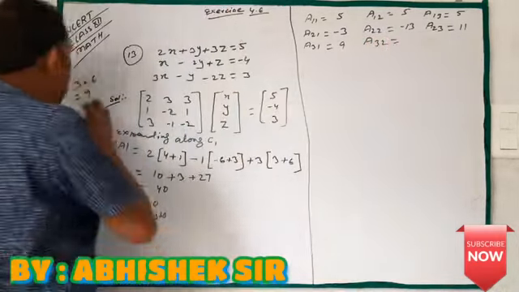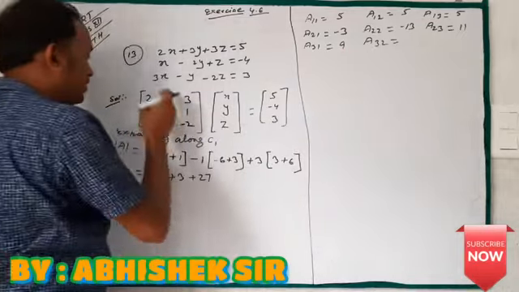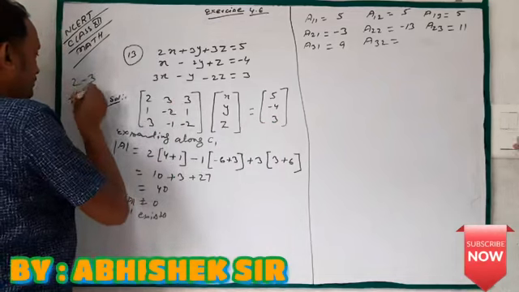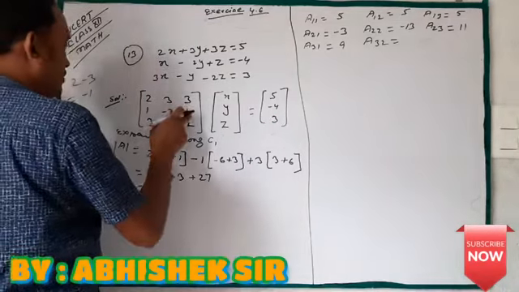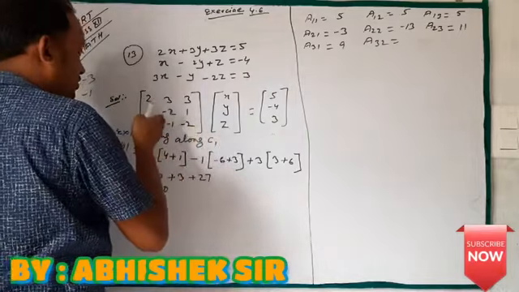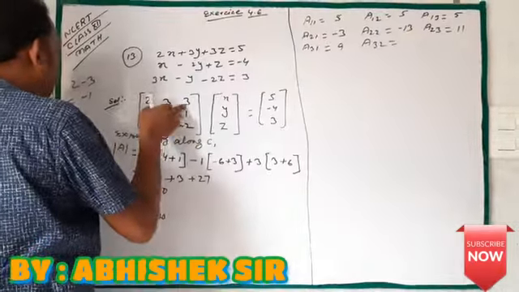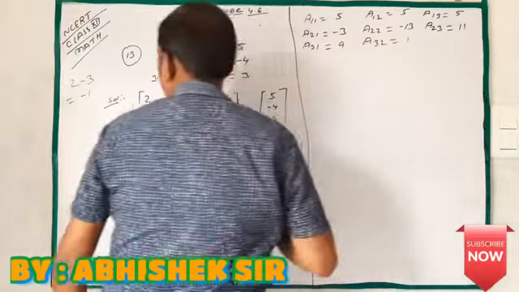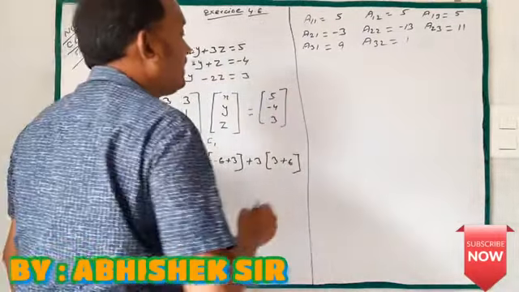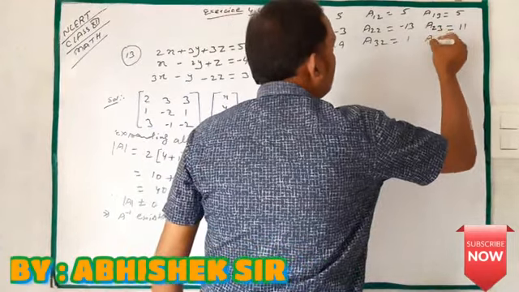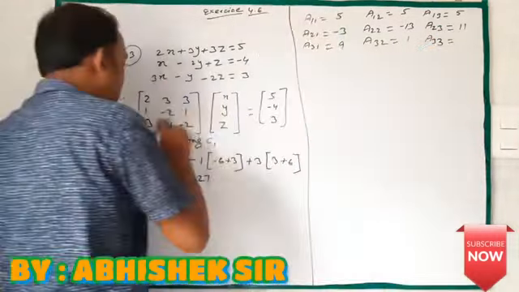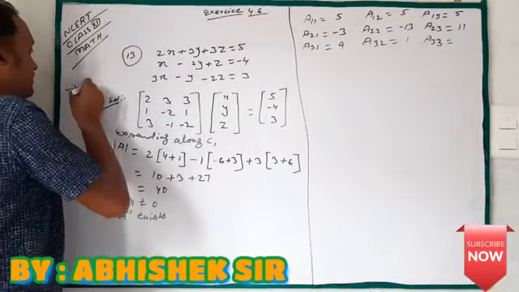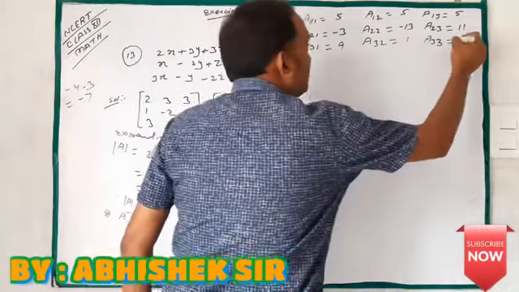A32, this is third row second column, 2 minus 3, minus 1, this is negative place, it becomes positive 1. Now A33, what is our A33? Third row third column, minus 4 and minus 3, minus 7, this is minus 7.